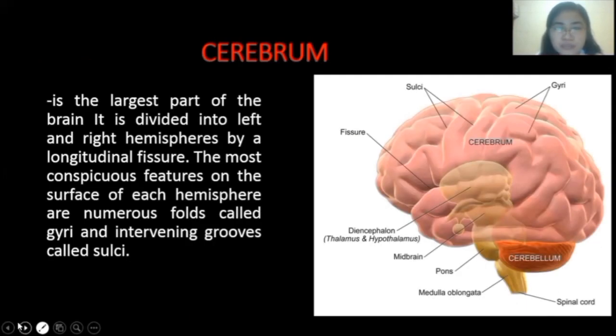The cerebrum is the largest part of the brain, and it is divided into left and right hemispheres by the longitudinal fissure. The most conspicuous features on the surface of each hemisphere are numerous folds called gyri, which greatly increase the surface area of the cortex, and intervening grooves called sulci.